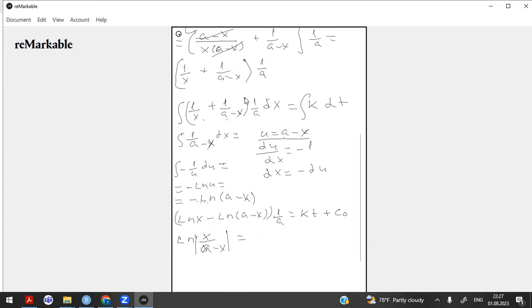Then we will have here a, so we multiply both sides by a, then it becomes kt a, right? And then this becomes a multiplied by c0, okay?